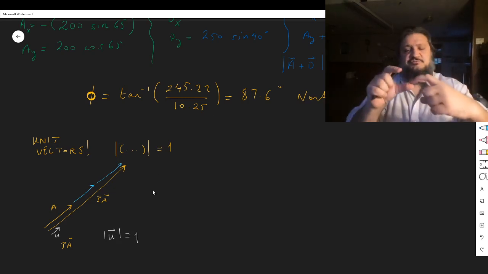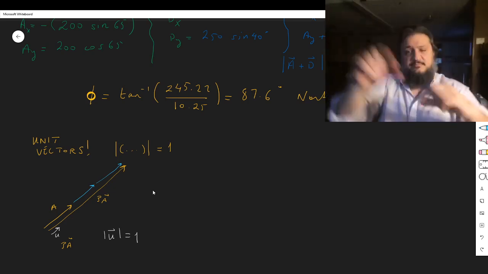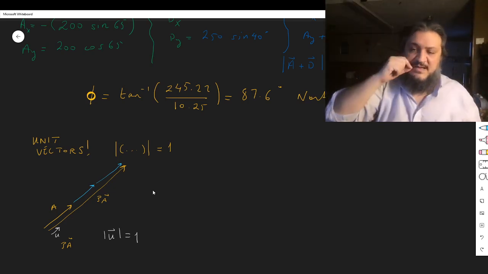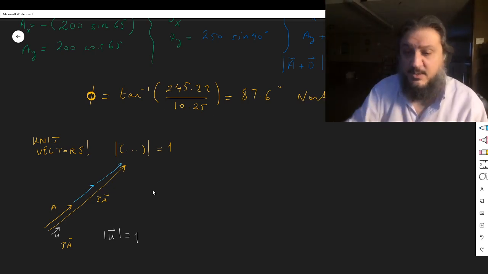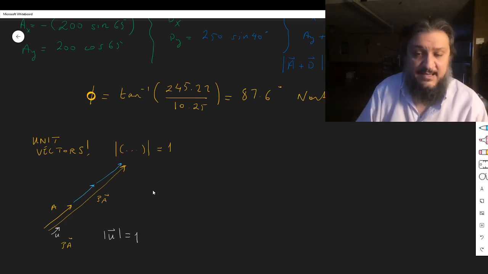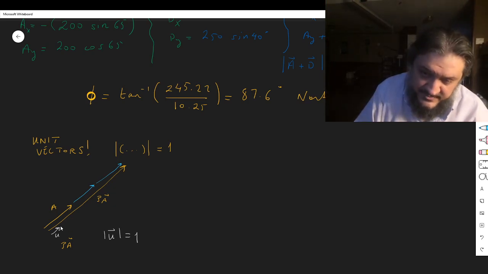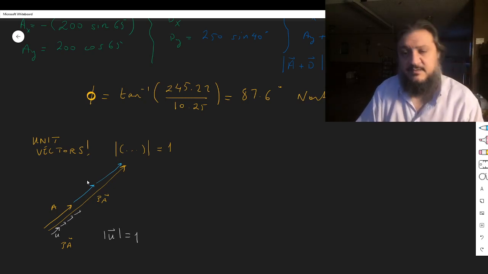How many U's do I need to add to find the 3A vector? Or even A. How many U's do I have to add like this to find any of these vectors?